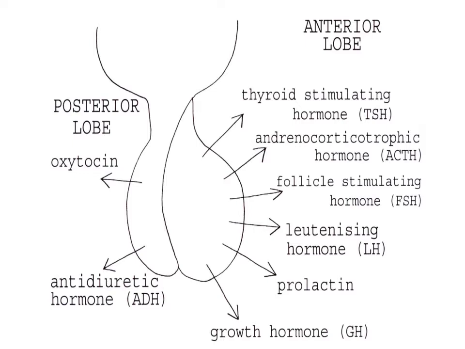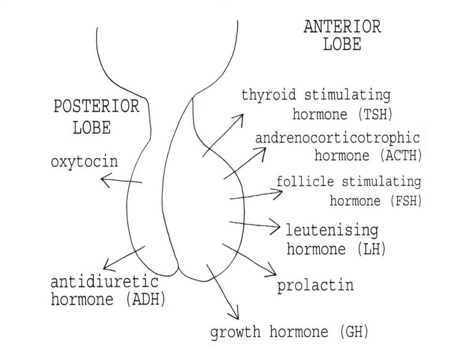The luteinizing hormone, LH, again produced by the anterior pituitary, has different functions in men and women. And again, this one was discovered first in women, which is where it gets its name. So in women, LH, luteinizing hormone, stimulates the ovary to release the ovum.